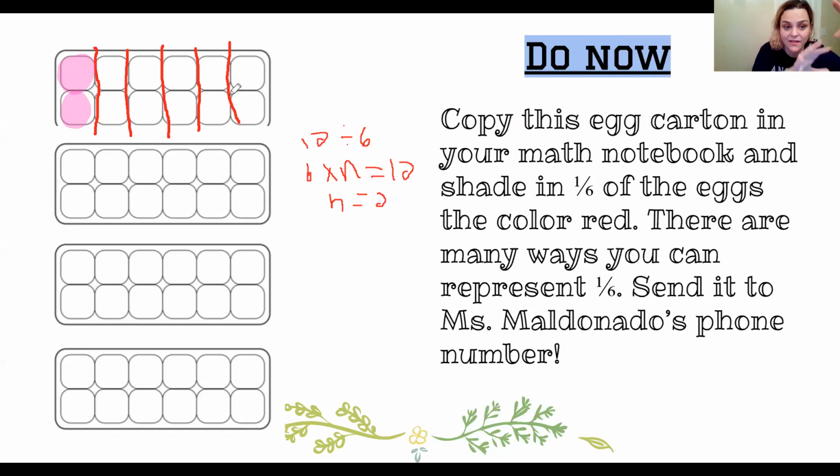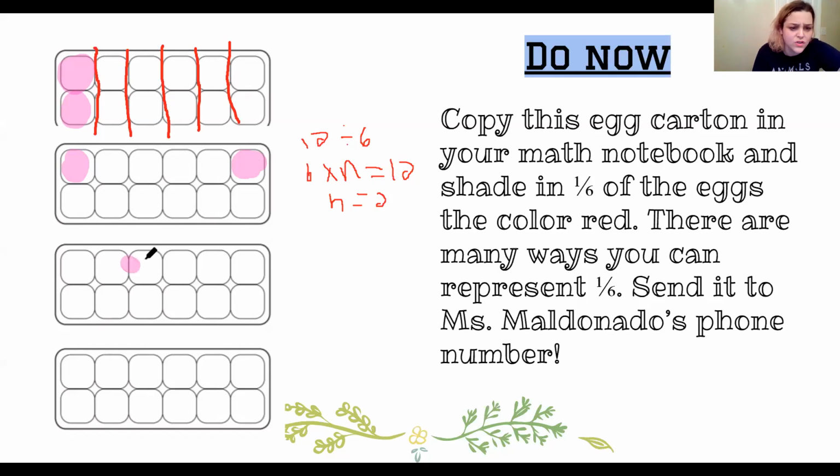So now I know that from this point forward, if I go down, I just have to highlight 2 eggs to represent 1/6 from the egg carton. So you might have done this one, that would still be 1/6 because it's 2 eggs out of the 12. That represents 1/6.